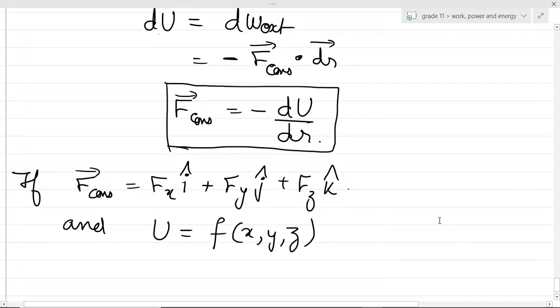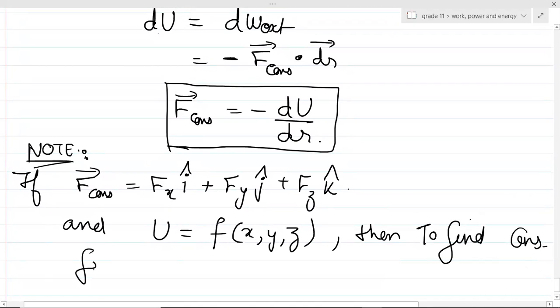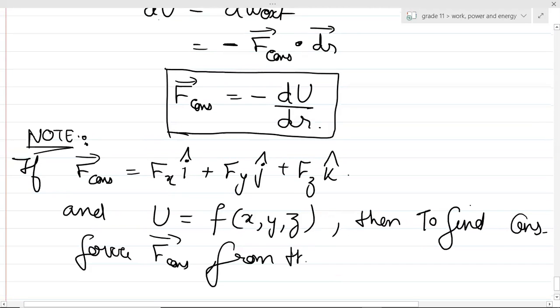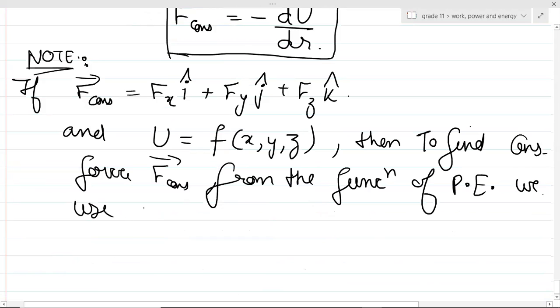When potential energy is given like this, then to find the conservative force F conservative from potential energy, or you can say from the function of potential energy, we use partial differentiation.